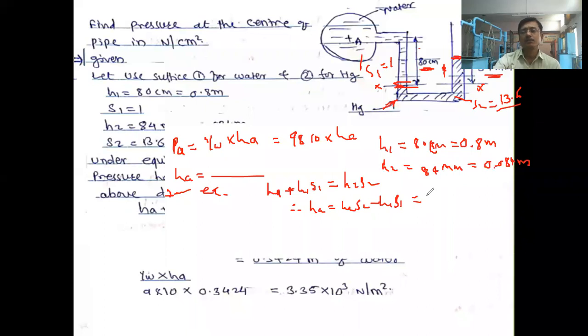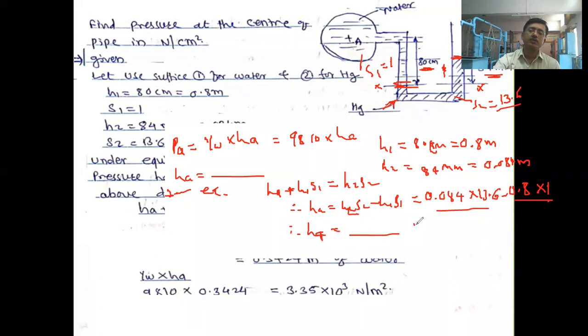So what is the value of H2? 0.084 into S2, which is 13.6, minus 0.8 into S1, and this one is 1. Put the values here in the problem and tell me the value of HA.